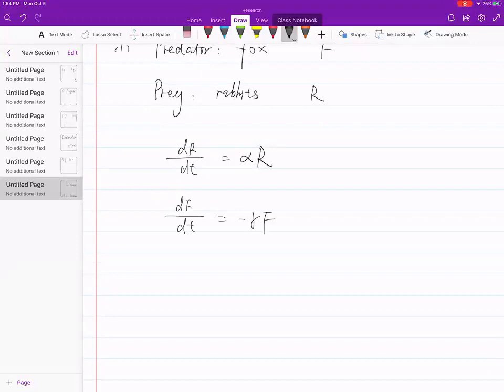Okay? Now, of course, they interact with each other. If you have rabbits, you have exponential growth, but if you have a fox present, that should be negatively related to the growth rate, due to rabbits being captured by the fox.